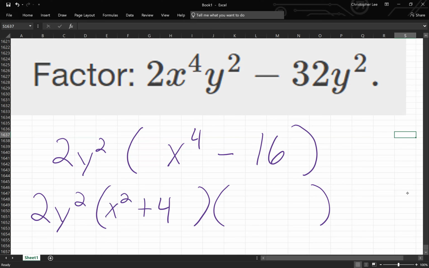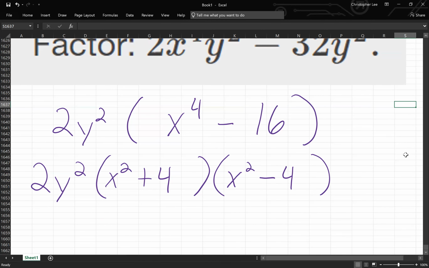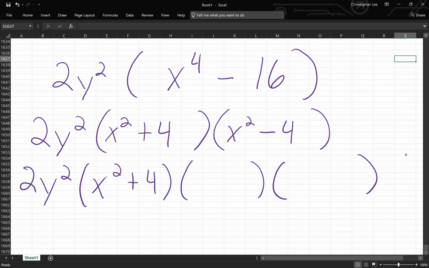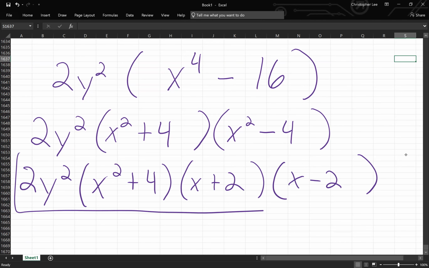Good. Excellent. All right, am I done? No, right? I can still keep going. So I got 2y squared, x squared plus 4 times what? Exactly. This whole thing here is the answer.